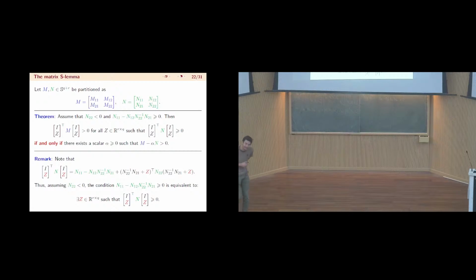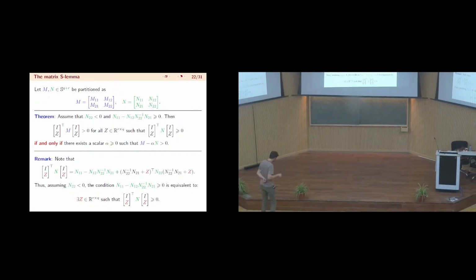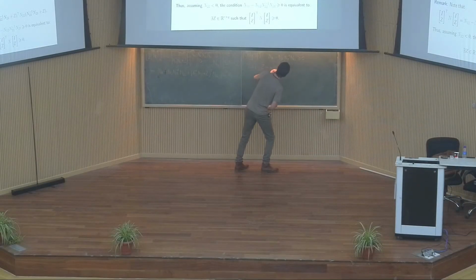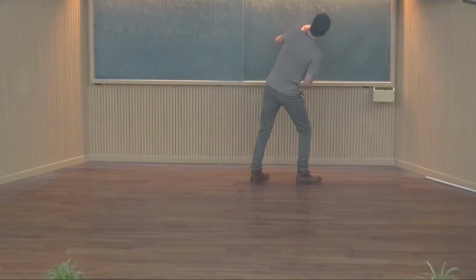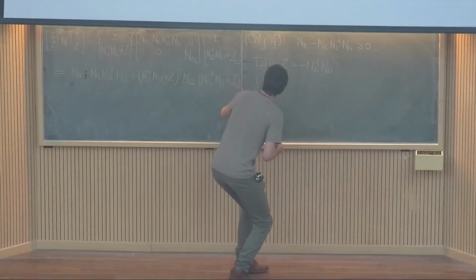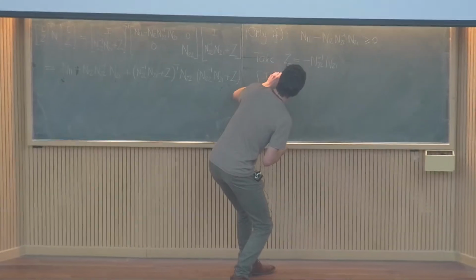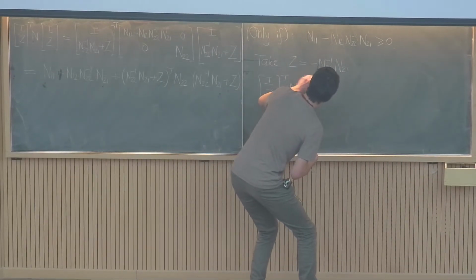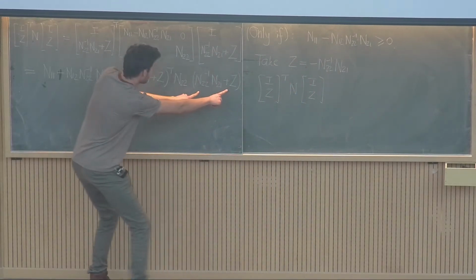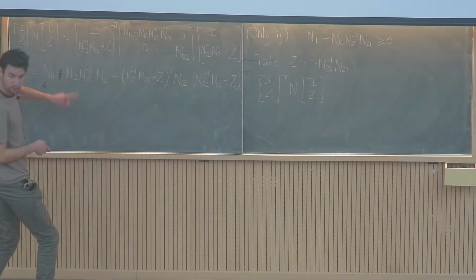Yeah, exactly. Indeed. So we take Z to be minus n22 inverse n21. And then by our formula, you see that identity Z transpose N identity Z, since I took Z in this way, as suggested, this second part is 0, this cancels, and I just obtain the Schur complement.